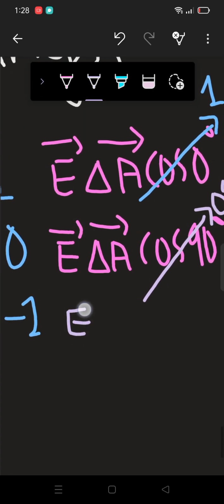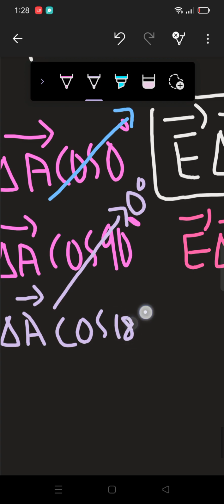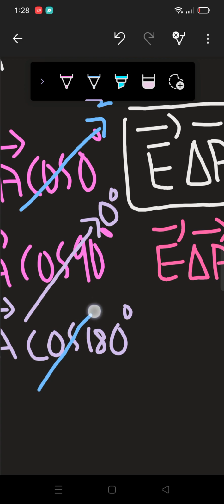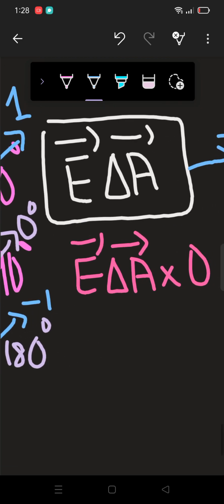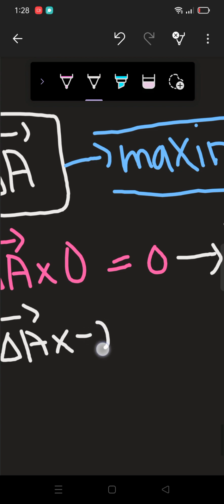Electric field intensity into small element of vector area into cos 180, where cos 180 is equal to -1, so into -1.